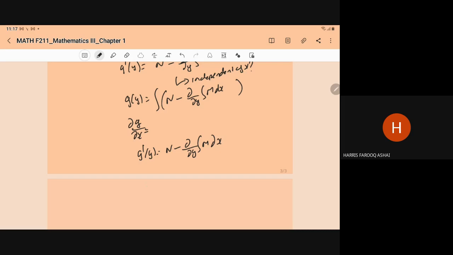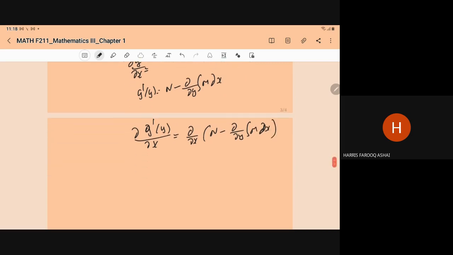Strict function of y means if you take the partial derivative with respect to x, it will come del by del x of n minus del by del y of the integral m del x. Clear? Now this can be written as del n by del x minus del 2 of del x del y of the integral m del x.